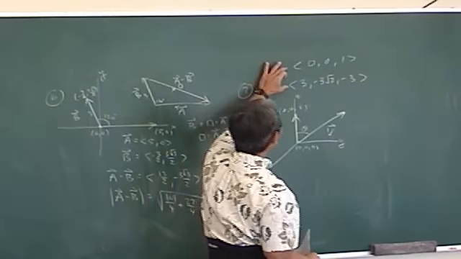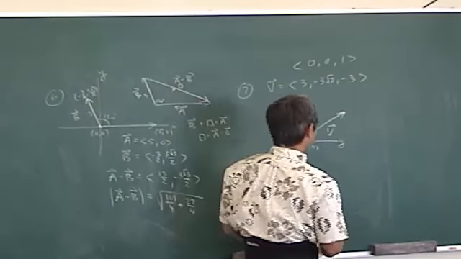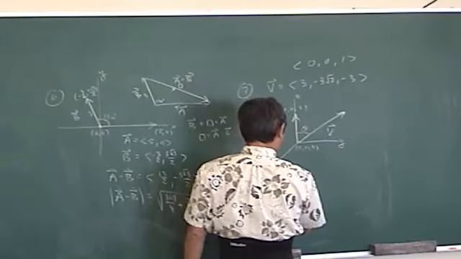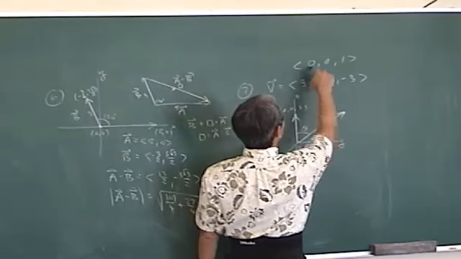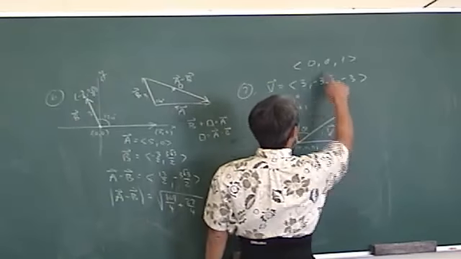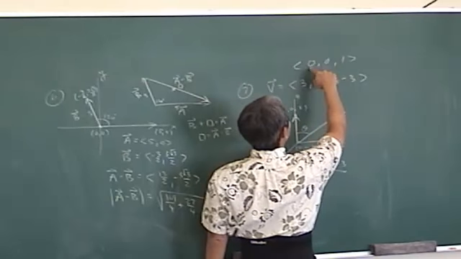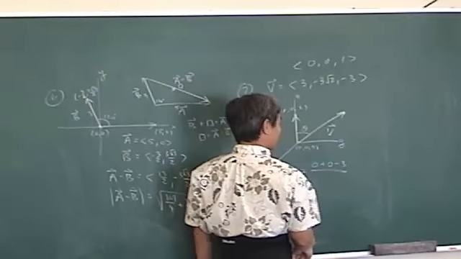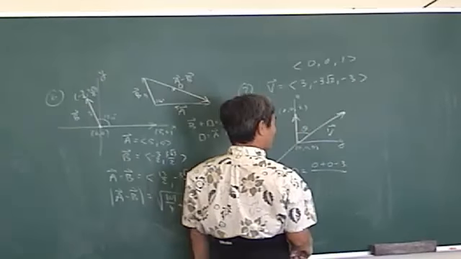Okay, now, once you have these two vectors componentized, how do you find the angle again? The dot product. Cosine of the angle is equal to the dot product, which is 0 plus 0 minus 3, all over the length of this vector, which is the square root of that squared plus that squared plus that squared, which is 1.